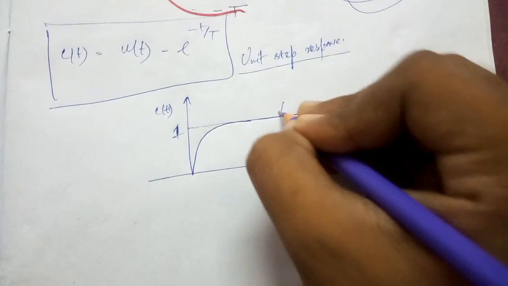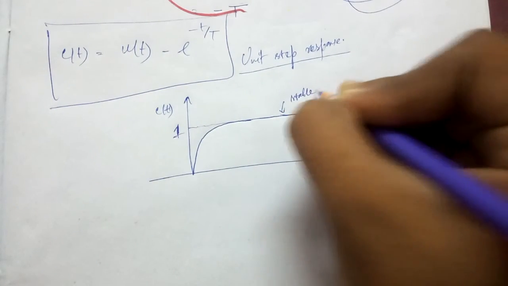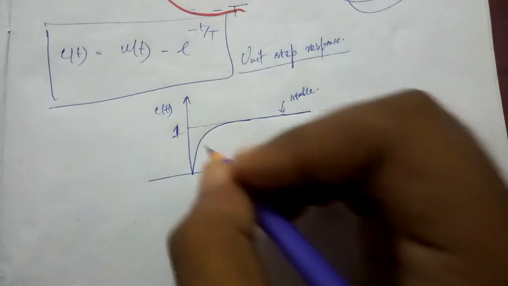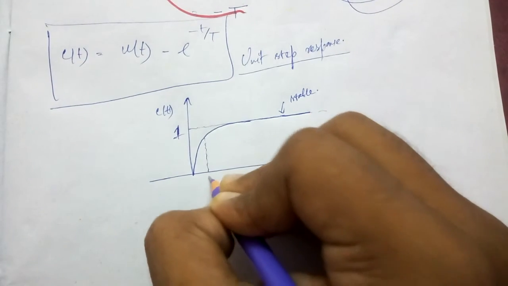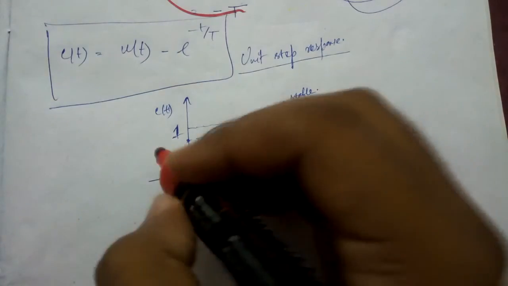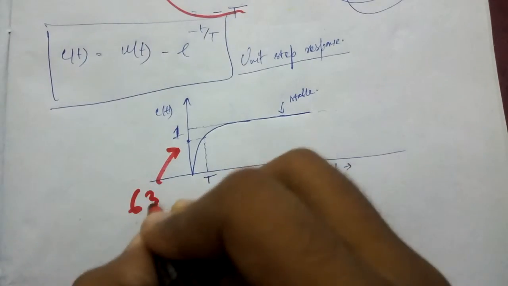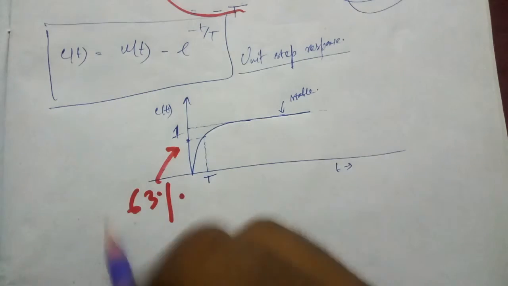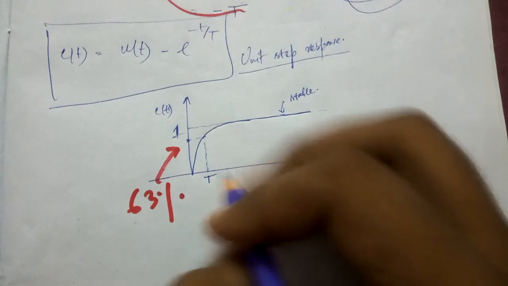So finally it is becoming steady. At t equal to T, the time constant, this point will be 63% of the maximum value.